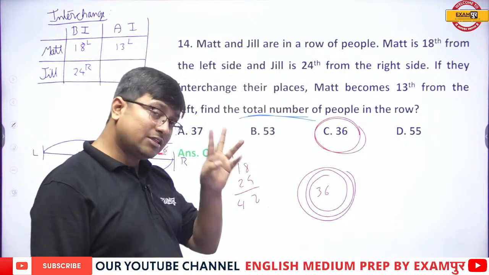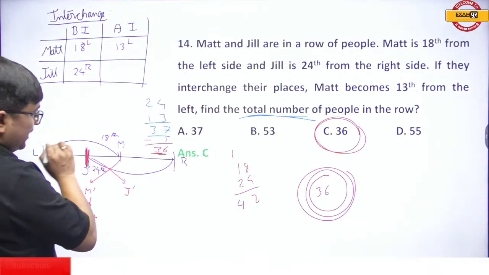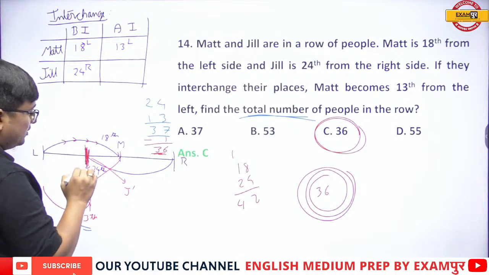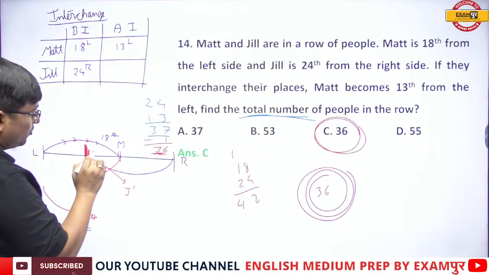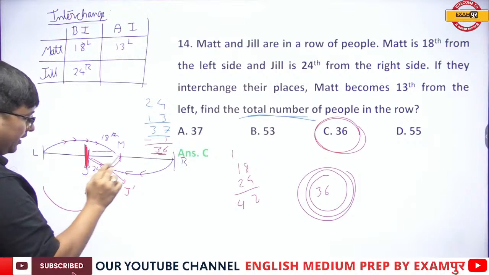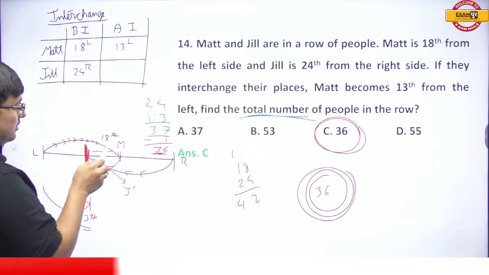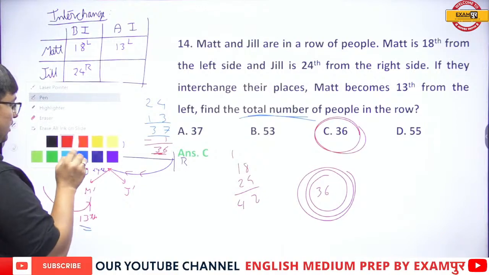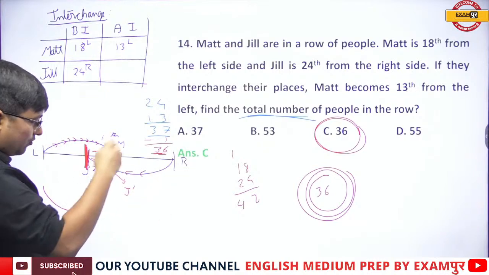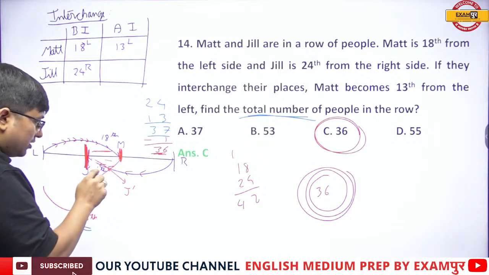Now just understand. When I counted this as 18th, I already included this, and I counted everyone between them. And when I counted this as 24th, I again included this and this.